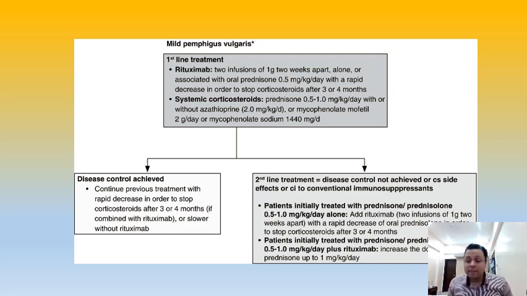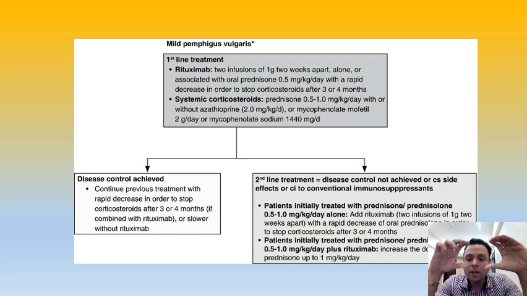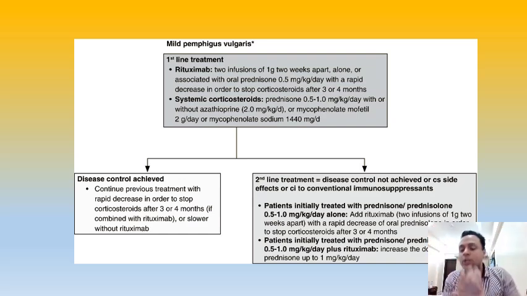Normally we give a 1 gram dose, so we need a complete 100 ml. Either we put 2 vials, or we use 1 vial of 100 ml. So in 500 ml normal saline, we remove 100 ml and put that 100 ml from the rituximab vial and mix it. I will tell you how the dose is given.